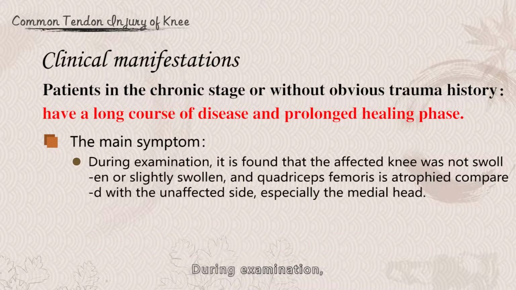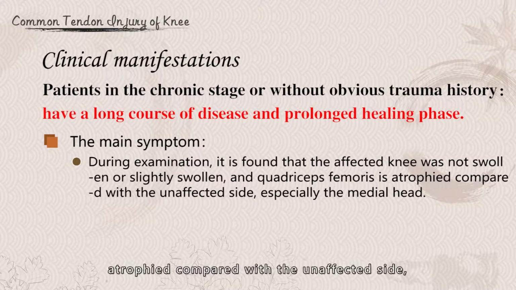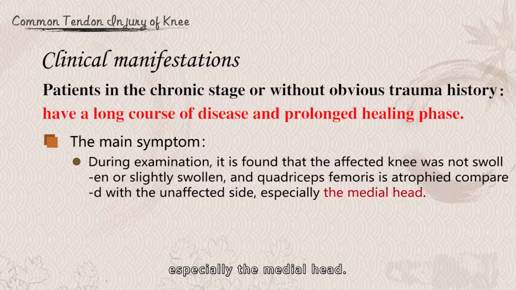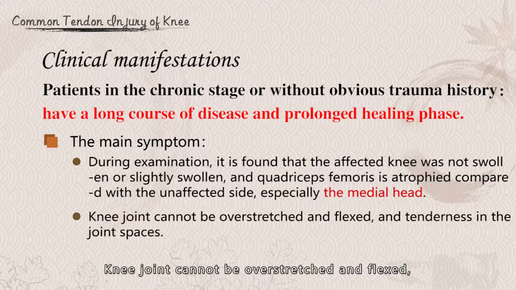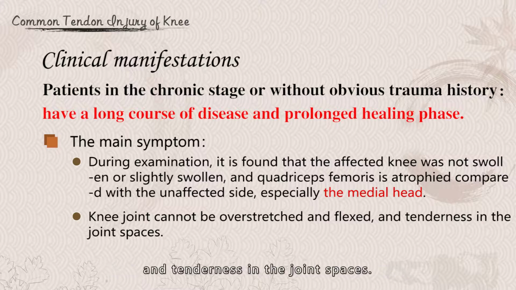During examination, it is found that the affected knee is not swollen or slightly swollen, and the quadriceps is atrophied compared with the unaffected side, especially the medial head. The knee joint cannot be overstretched and flexed, and there is tenderness in the joint space.